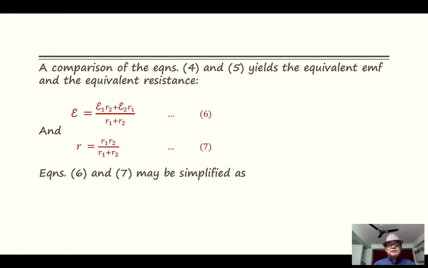Equations 6 and 7 may be simplified as E by R equal to E1 by R1 plus E2 by R2. We call it equation 8. And 1 by R is equal to 1 by R1 plus 1 by R2. This is equation 9.